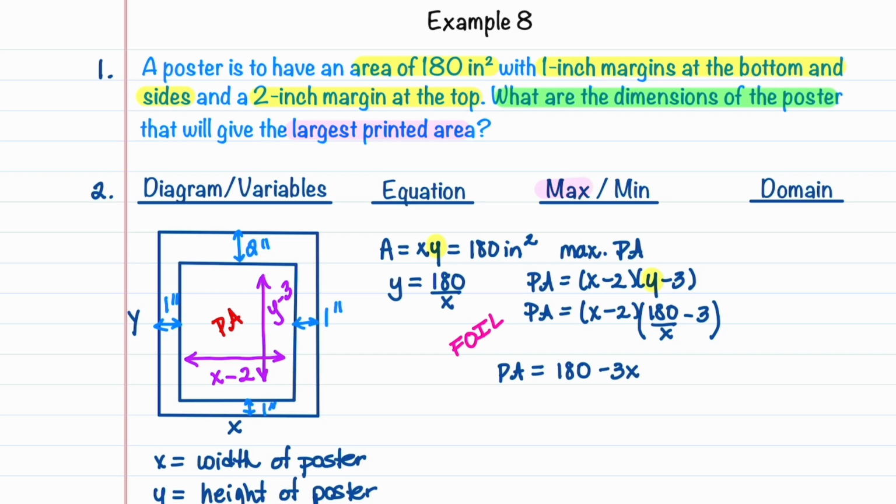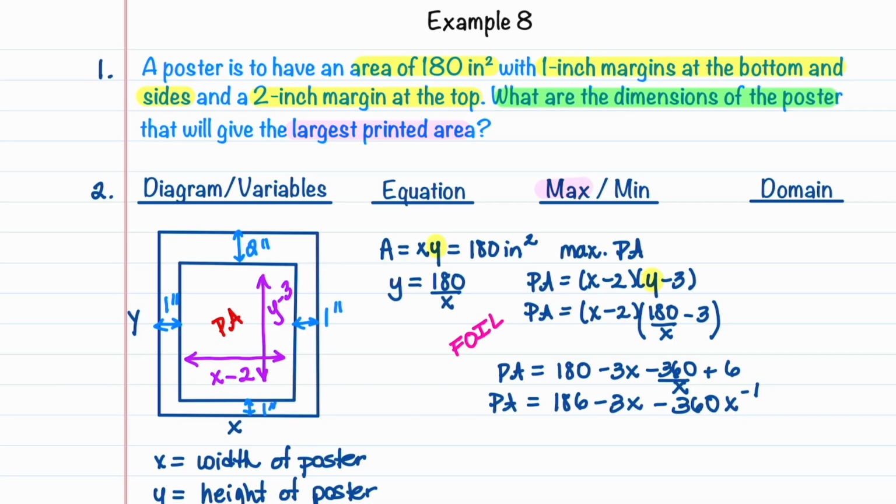And then our inner terms give us a minus 360 over x. And then our last terms are plus 6. And we can rewrite this and combine the 180 and the 6. So we have 186 minus 3x minus 360. And then let's write this as x to the minus 1 because it'll be easier to take the derivative.